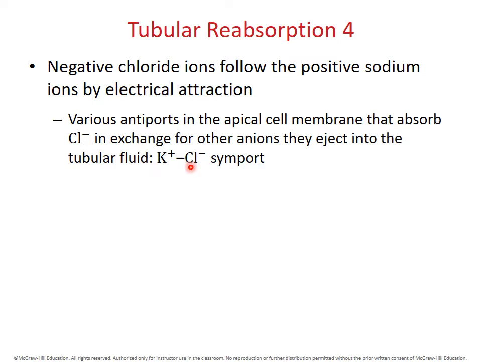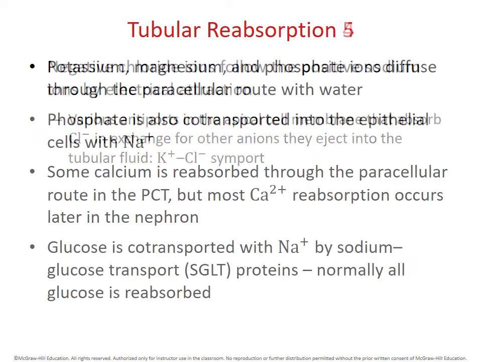And so as chloride moves into the cuboidal cell, potassium will tend to move in as well because they share a symport molecule that has to transport both at the same time. So we have an antiport for chloride and other anions, but we have a symport for chloride ions and potassium ions.